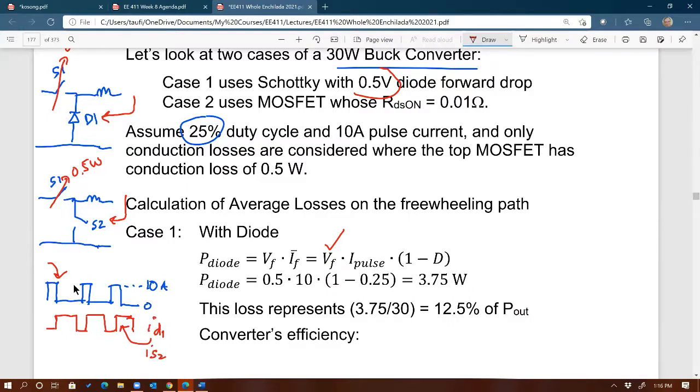So when I calculate average current through the diode, that's going to be the average of this second current right here. So that's going to be the peak, which is 10 amps, times the duty cycle of this diode, which is 1 minus 0.25. So that's going to give us 3.75 watts of loss.